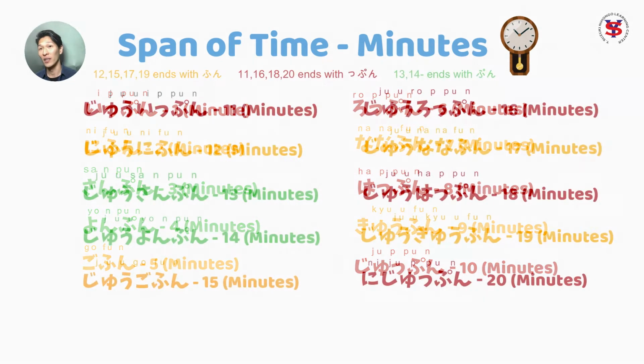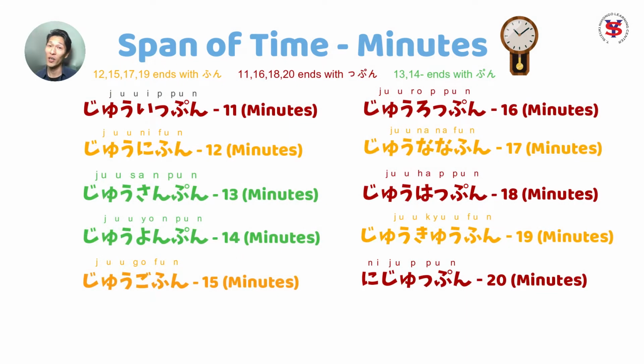Keep going. 11, 11分, and 12, 12分. Again, tandaan natin na pag lumipas tayo ng 10 minutes, ang final number ang magde-decide kung fun lang siya or pun siya with the handakuon, no? So for 11, since ending niya is 1, magiging 11 ippun siya. And for 12, since the ending is 2, magiging 12 fun siya.